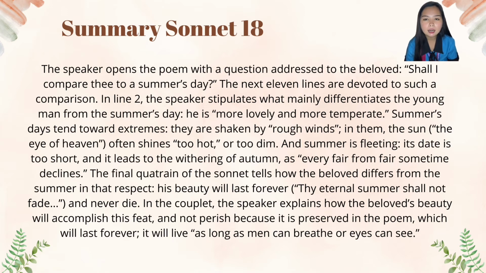In the couplet, the speaker explains how the beloved's beauty will accomplish this feat and not perish, because it is preserved in the poem, which will last forever. It will live as long as men can breathe or eyes can see.